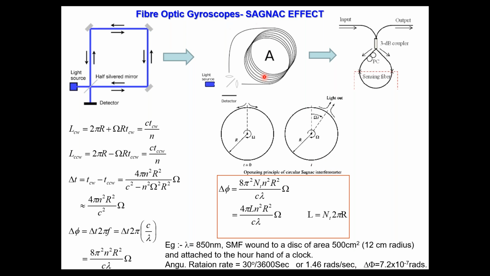But if we simply increase the number of turns of the fiber in such a system, it can make a huge difference. So making 10,000 turns, the time difference between the two counter-propagating beams can be larger, and it translates into a larger value of delta phi. So it can be 7.2 milliradians. From this very small value, it can reach 7.2 milliradians by increasing the number of turns.